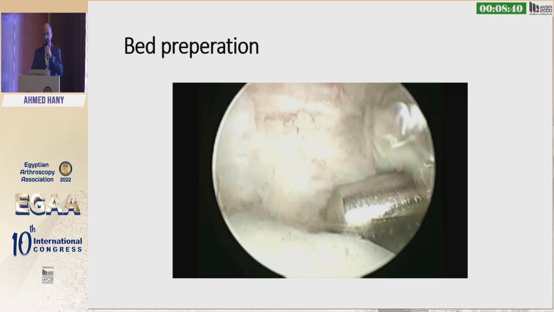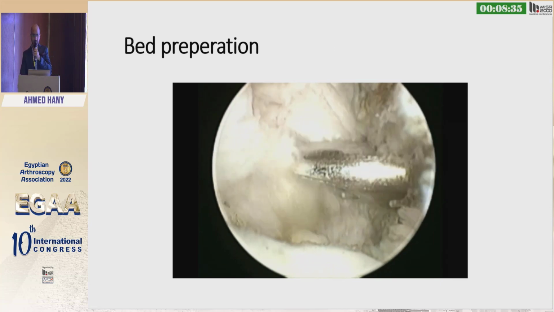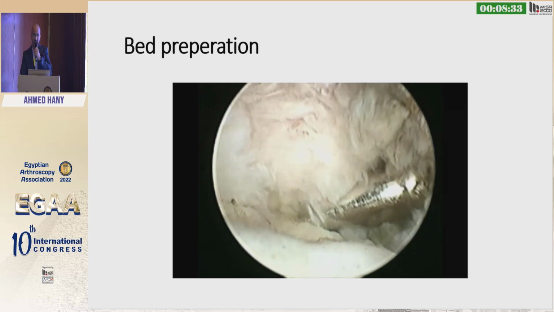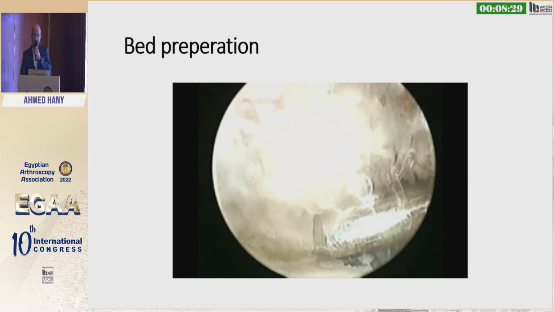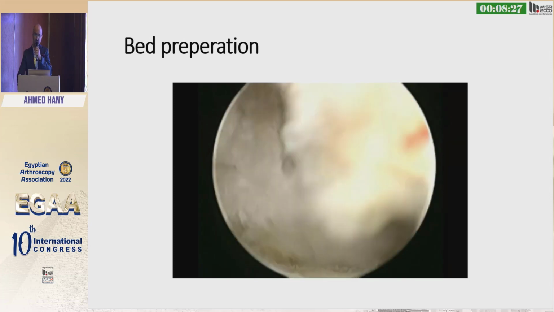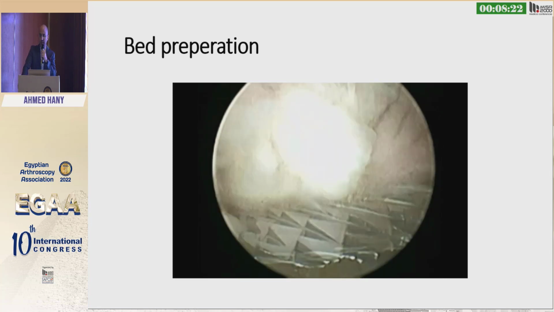Then I start preparing the bed using a motorized shaver and a rasp. You should be able to see it clearly. Doing internal rotation and pushing back on the arm is a helpful way to look at the bed.